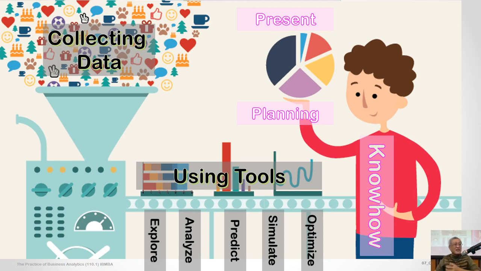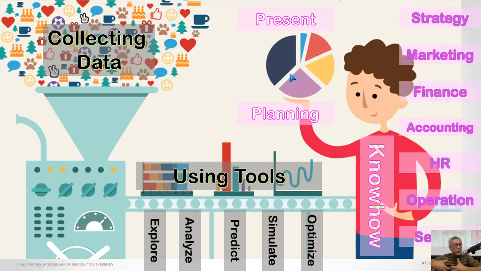In this assembly line, you have one station after another. You have a data flow through this assembly line, and then you can use tools to analyze the data and present it.